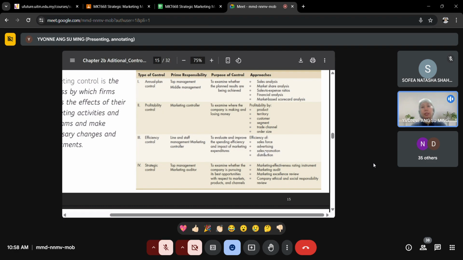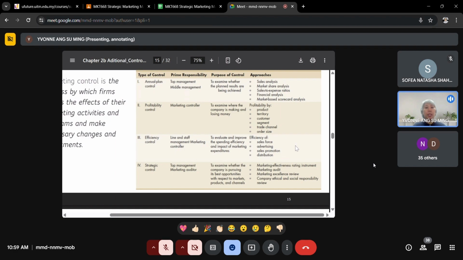If they choose YouTube, they will monitor how many people are exposed to the YouTube advertisement, how many people have watched it. And then if there's any conversion right away, that means that they watch the video, they click on the app, and then they start to order, is there a conversion or not, right? So they can use this type of efficiency control to see whether their advertising is actually working or not.